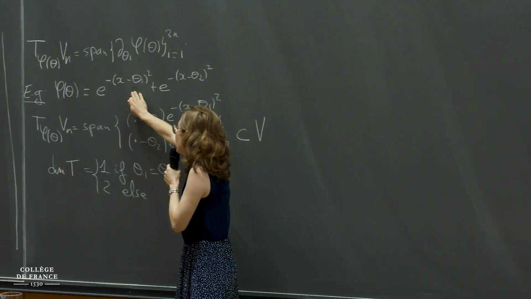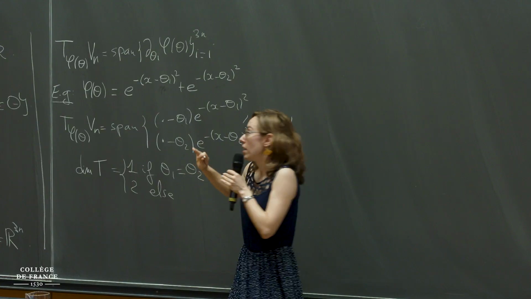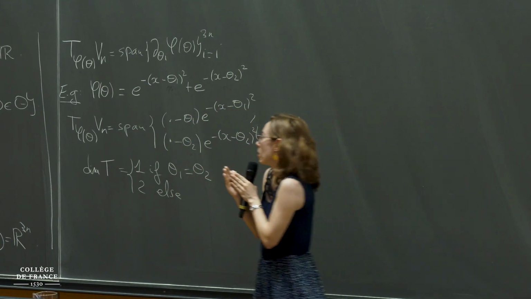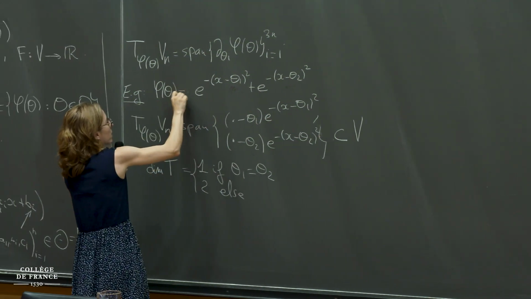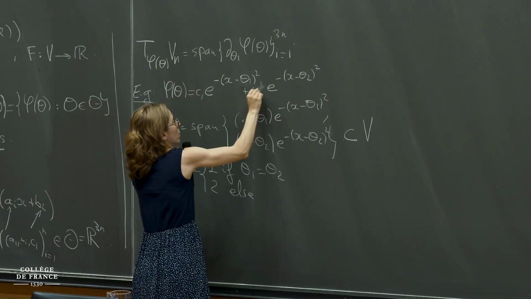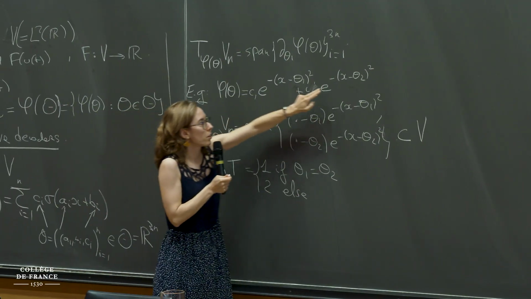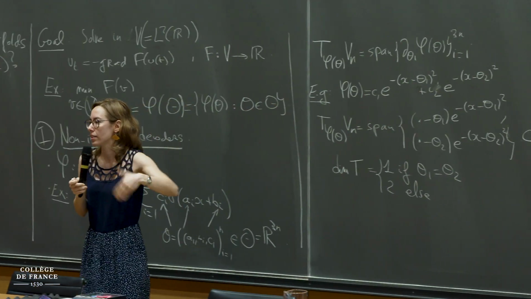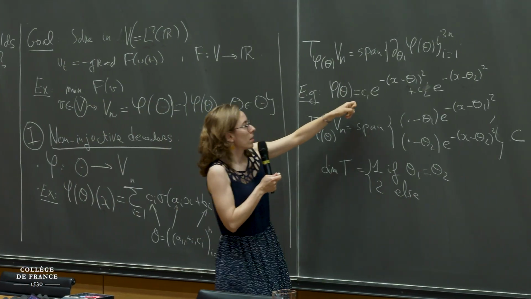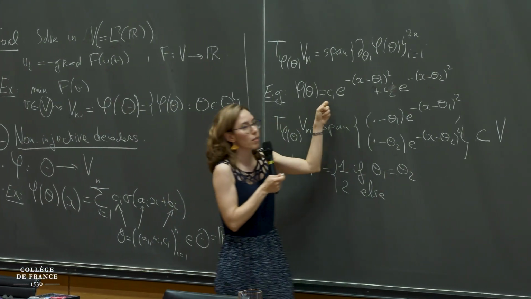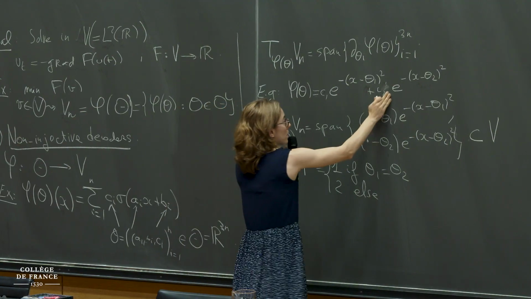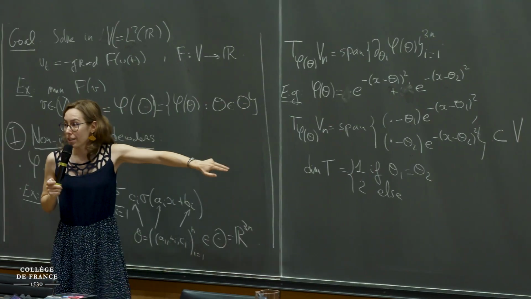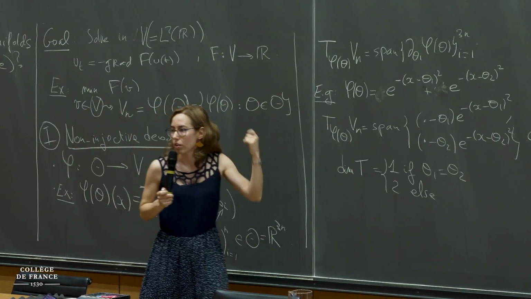This is a function with 2 bumps, morally, and if I make them coincide, I only have 1 bump. And if on top of it I add coefficients, for theta 1 equal to theta 2 I am factoring out these coefficients and generating all the time the same function, but I can generate it with different values of C1 and C2. So there is this degeneracy, which translates into the fact that the dimension of the tangent space is going to change.